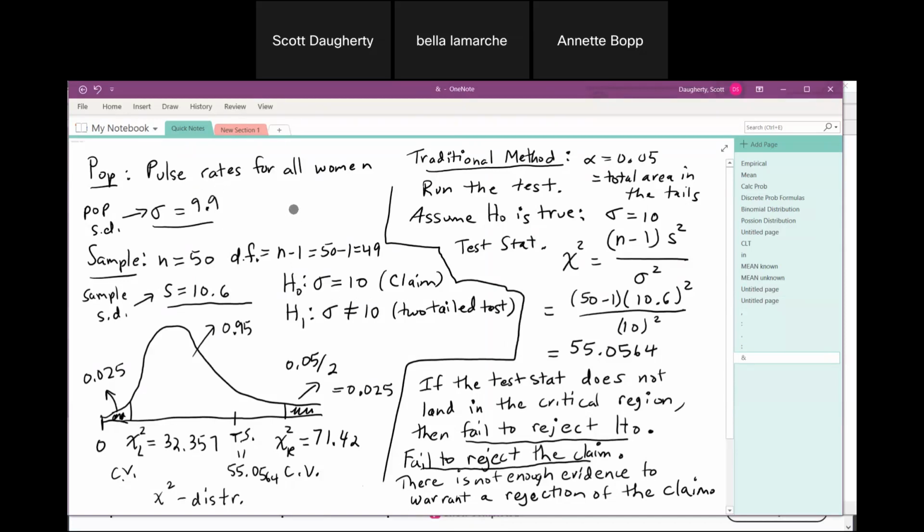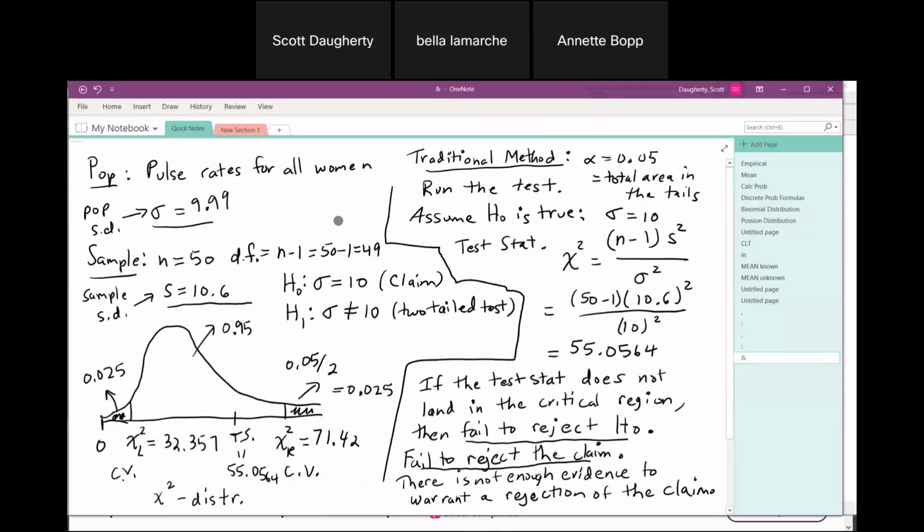If it's 9.99, that's still not 10. So if someone says, I'm claiming sigma is 10, it's very difficult to prove that it's exactly 10. I guess the only way we'd actually be able to prove it's exactly 10 is if you measured the pulse rates for all women, calculated this population standard deviation, and found it to be exactly 10.